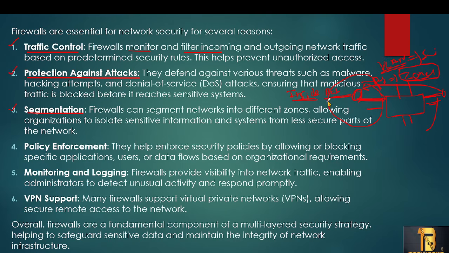In the same way, when we create zones, one user in one zone will not be able to communicate with a user in another zone. So by creating zones, we are restricting users from accessing personal or confidential servers and information. This is the same way we can compare it with VLANs.